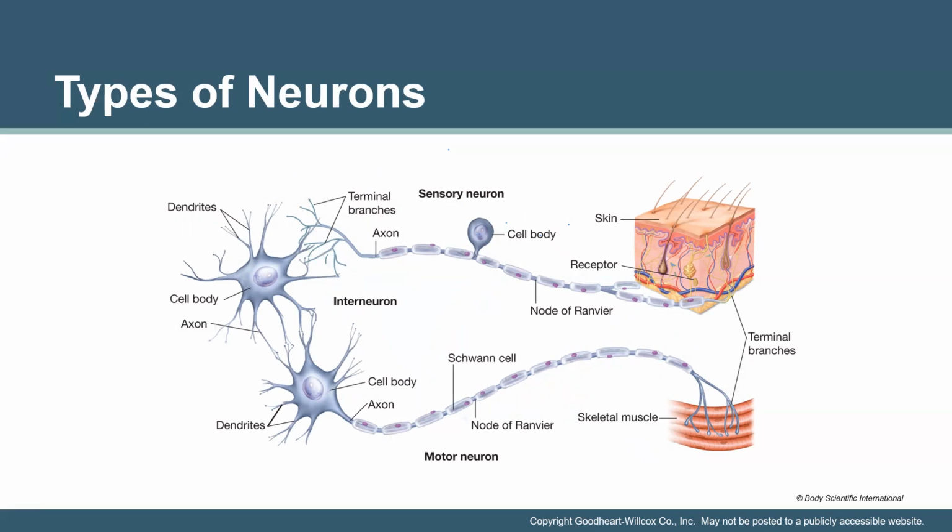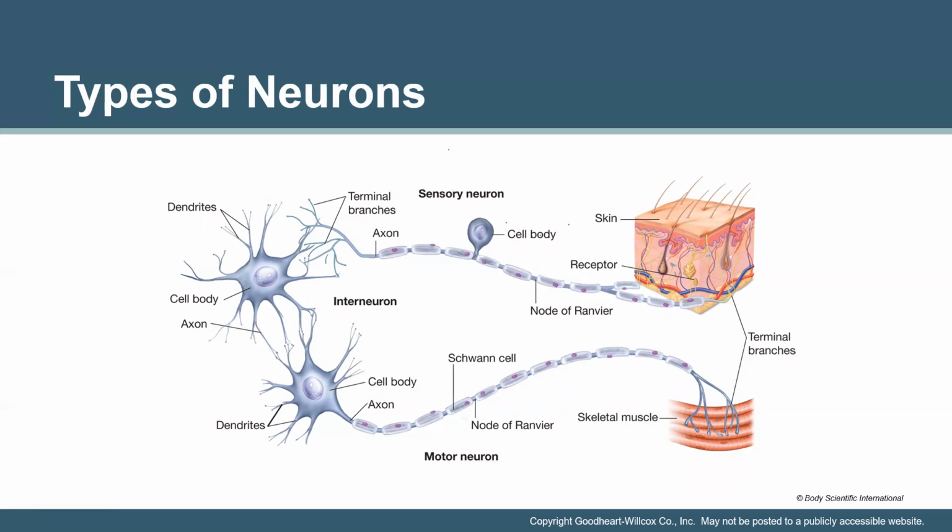These neurons will transmit impulses from the brain and the spinal cord to muscles and glands, directing body actions. Interneurons, or what we call association neurons, will form bridges to transmit impulses to other neurons. So sometimes there's that in-between neuron. That's the interneuron. It's like a relay.